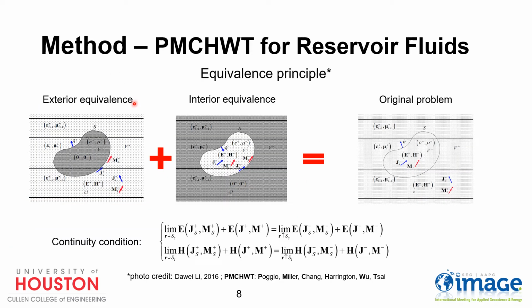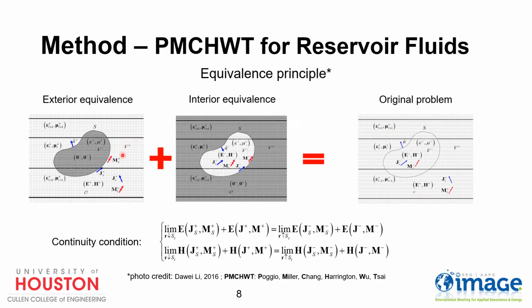Here we show the modeling of the reservoir fluids, and we use the PMCHWT approach. Actually, this name is formed by the first characters of 6 people's names, and it applies the equivalence principle, including the exterior equivalence and the interior equivalence. Here we assume we have this original problem, and there are electric and magnetic currents both inside and outside this domain, and these currents produce E and H fields in the entire region.